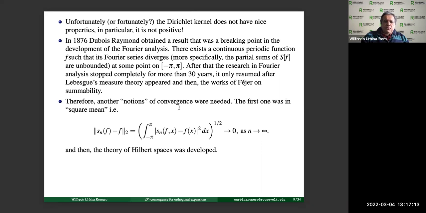Then other notions of convergence were needed, as we mentioned before. The first one was the square mean, and from there the Hilbert space theory was developed.